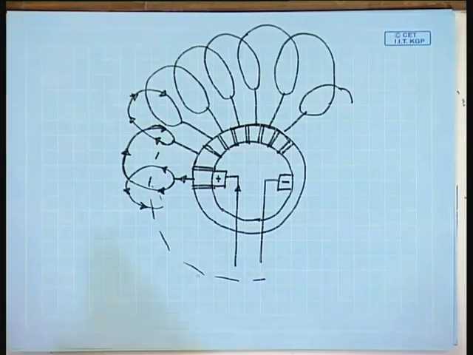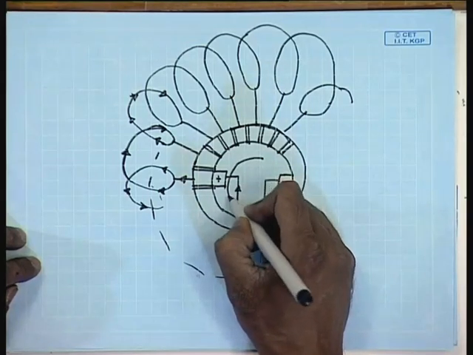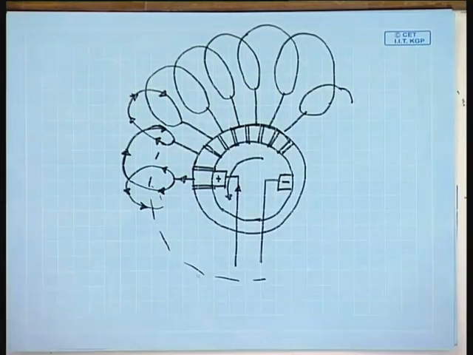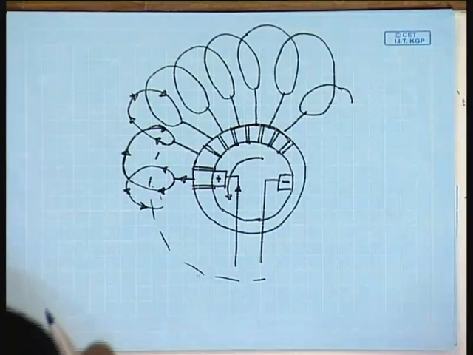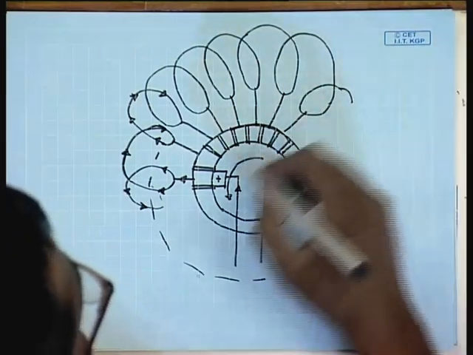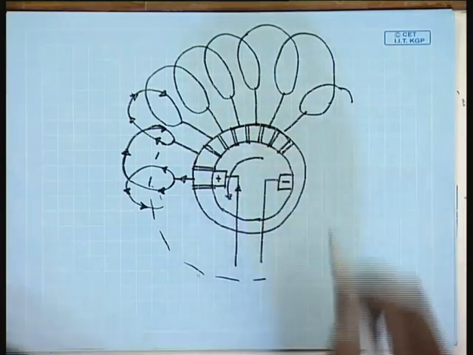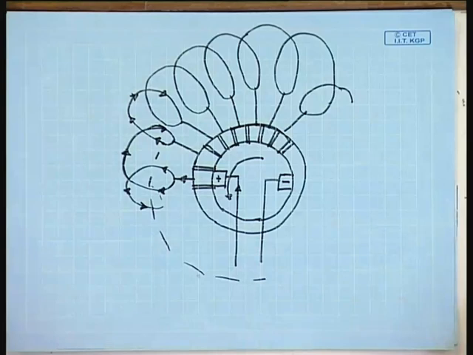Now, let us say this machine is moving in this direction. So, what will happen? After some time, the commutator segment will move to this position.